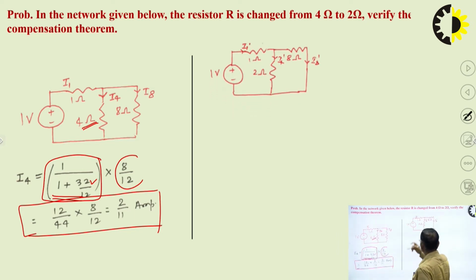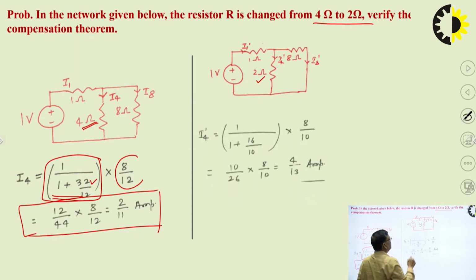Now I have drawn the modified circuit where the changes have taken place. So this 4 to 2 ohm. So I have taken here the 2 ohm. Then find the new value, I4 dash. So simple, this 2 and 8 are in parallel, so 8 into 2, 16 divided by 2 plus 8, 16 by 10. They are in series with 1 ohm.